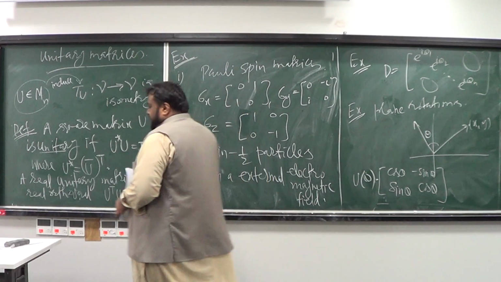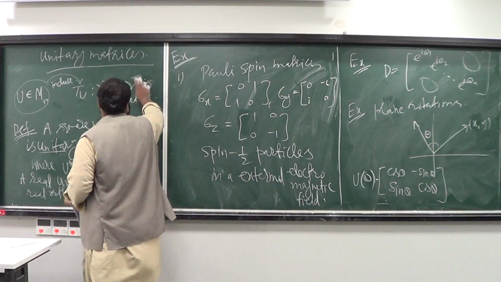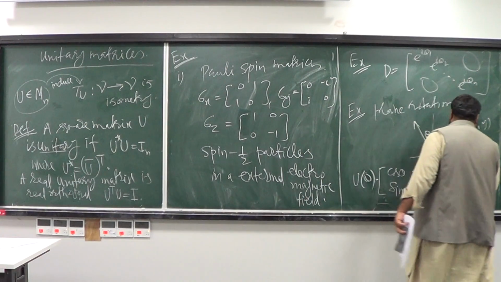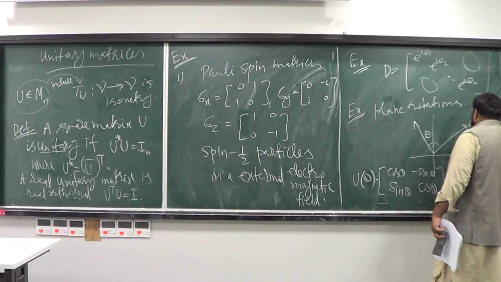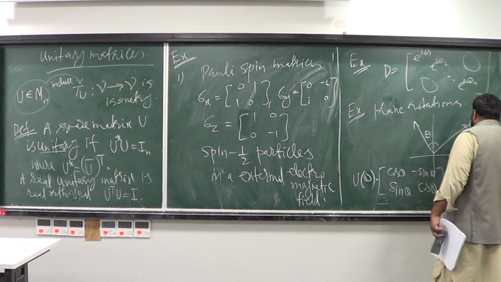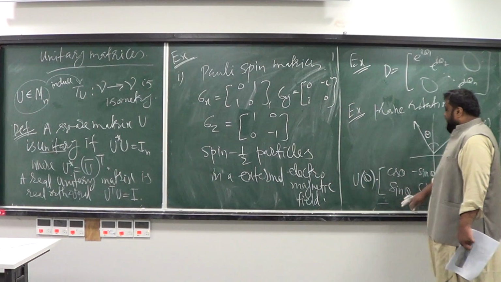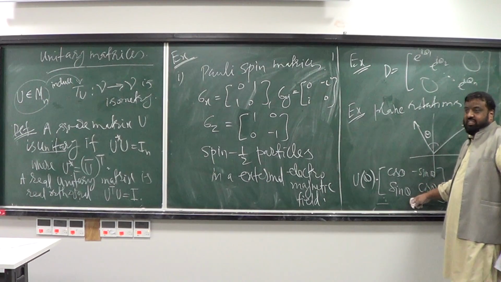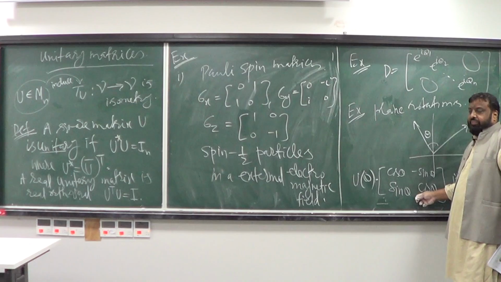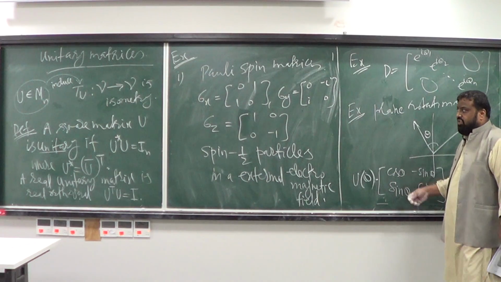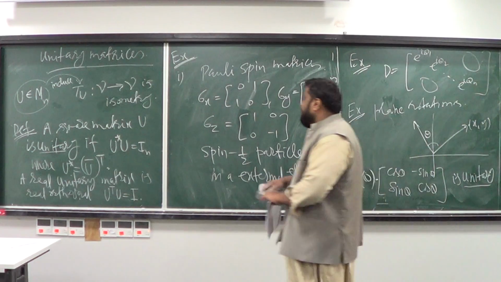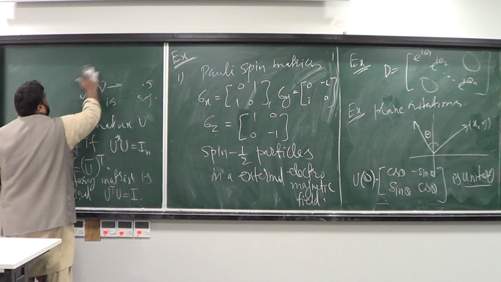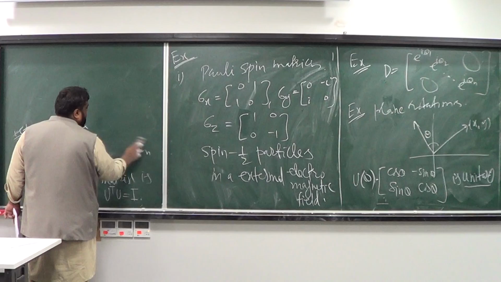You can verify that this is a unitary matrix. I'm not going into these elementary calculations; you have to do it for yourself. Obviously, all four entries are real numbers, so this is an orthogonal matrix, a real orthogonal matrix, or unitary matrix. You might have seen this in your first linear algebra course as well.